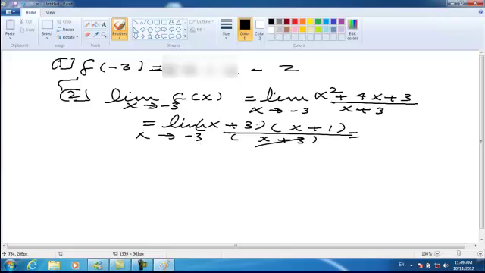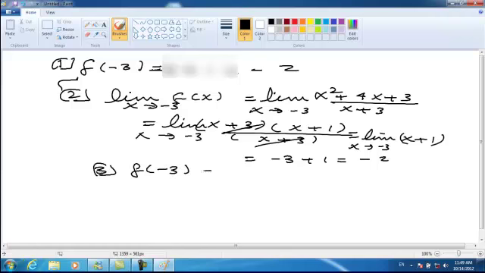The limit of x plus 1 as x tends to minus 3 equals minus 3 plus 1 equals minus 2. Condition 3, f of minus 3 equals the limit of f of x as x tends to minus 3, equal to minus 2.